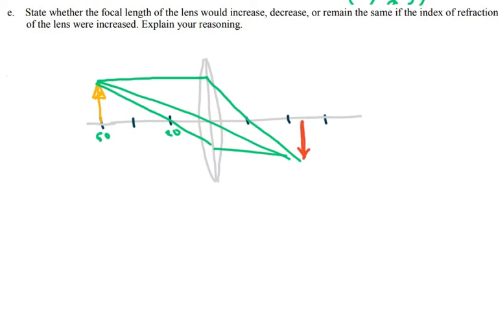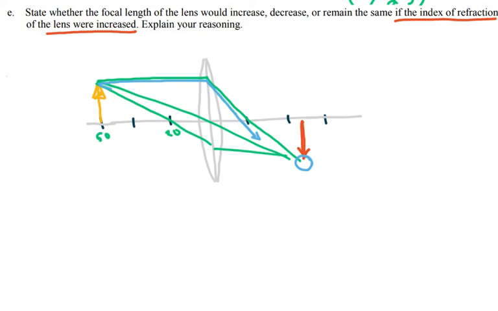But then if the index of refraction of the lens is increasing, then when a ray gets to the lens, it would have a more refracted result as it passes through the lens. So the rays would not go through the same point to give us an image of the object in the same position.